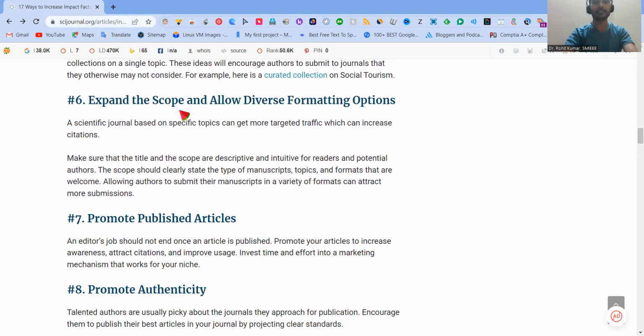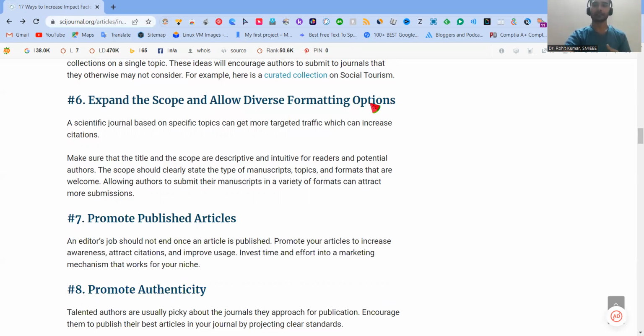Secondly, expand the scope and allow diverse formatting options. So that is again a different point, but that is quite relevant, because if you have published some works, then you must have known that IEEE needs a specific format for publishing. Its references should be in a particular format. The document standard, meaning the type of formatting, should be in a particular format.